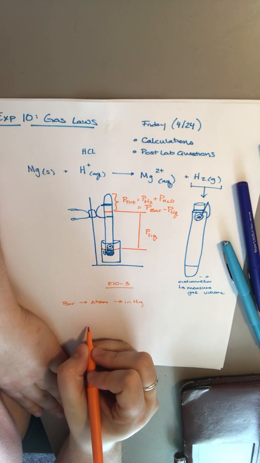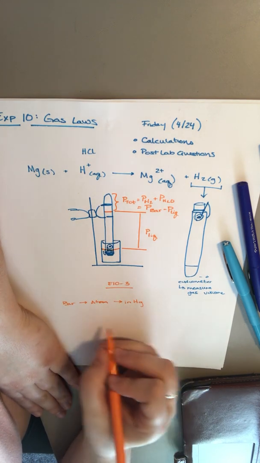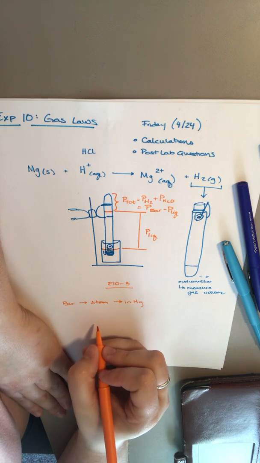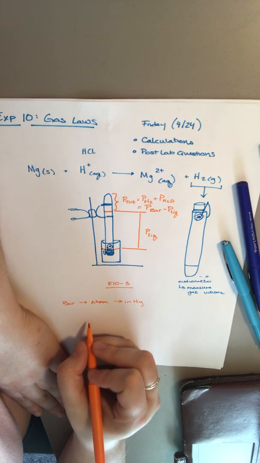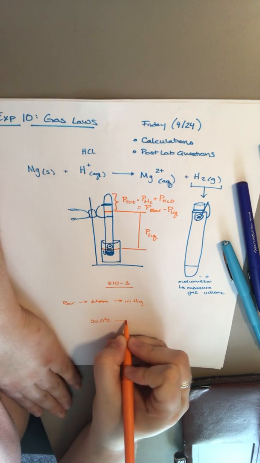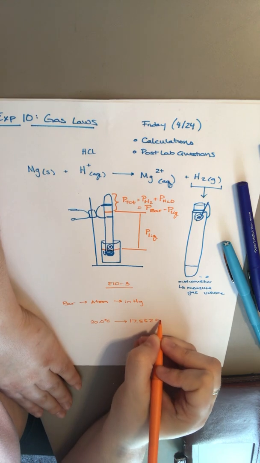The temperature of water is going to impact the water pressure. If we look at this chart, about 20 degrees Celsius gives us 17.552 torr.